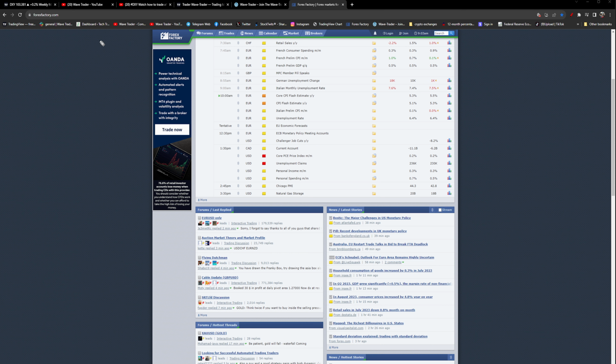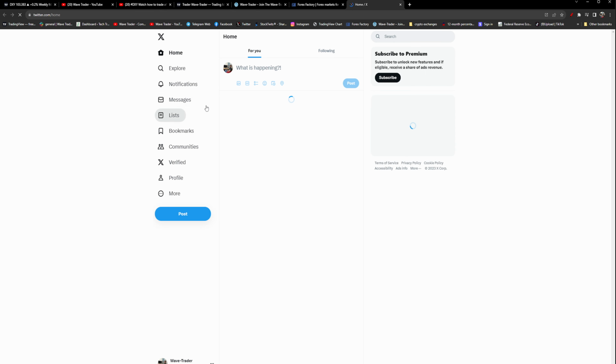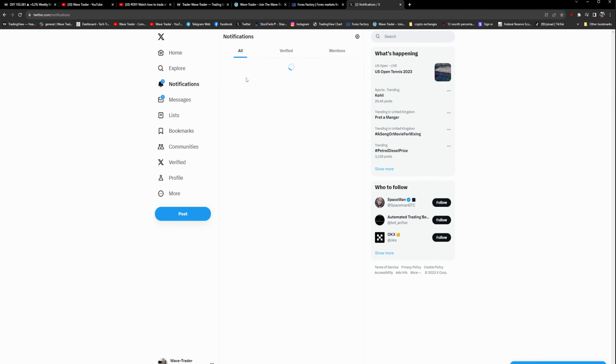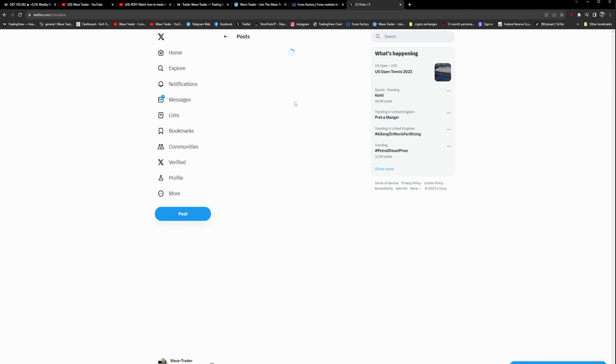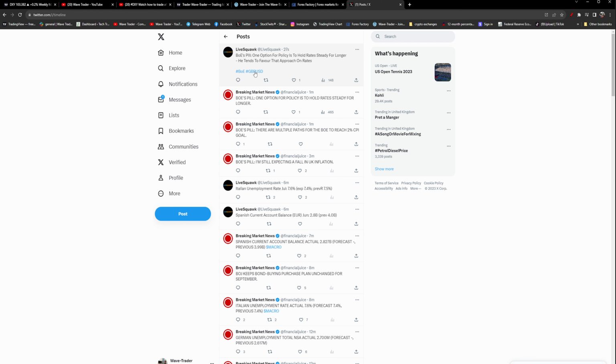All right, so if I look at the news, it is just breaking out over there, saying that the poll result has just come out. This is the UK one: the option for policymakers is to hold rates steady for longer.